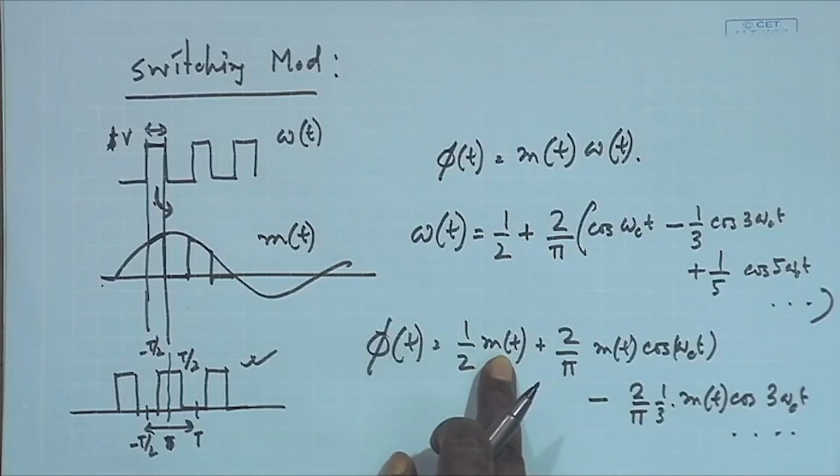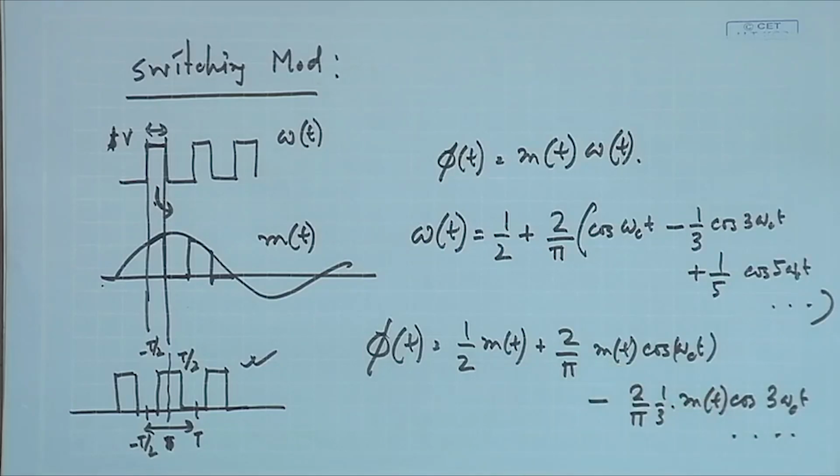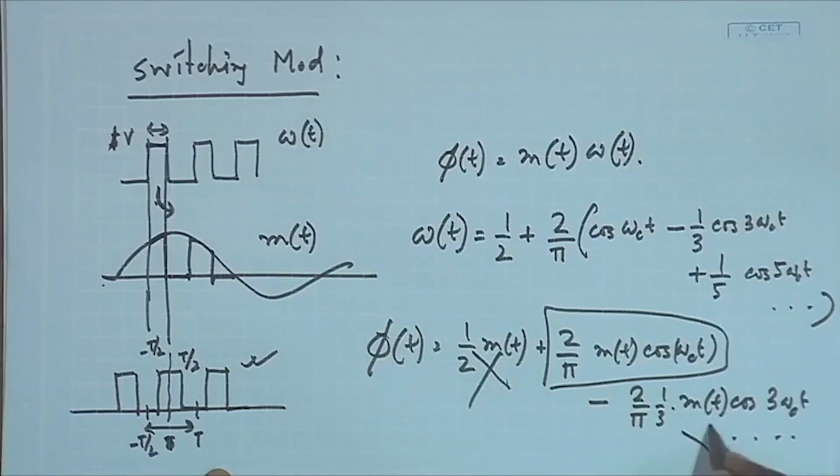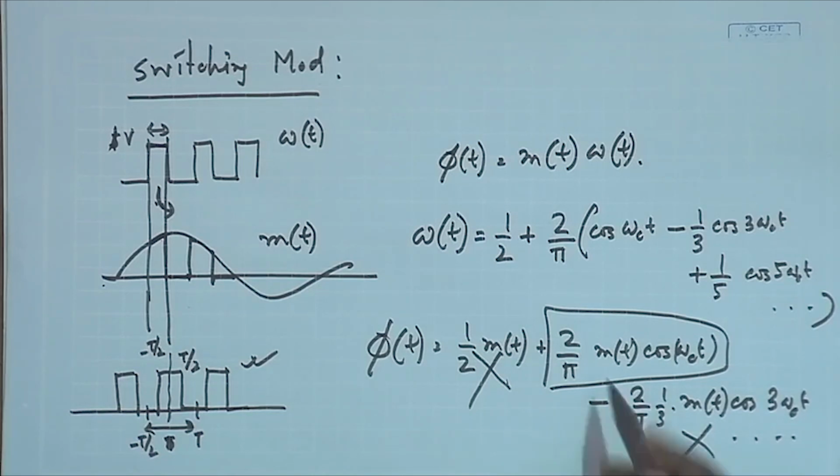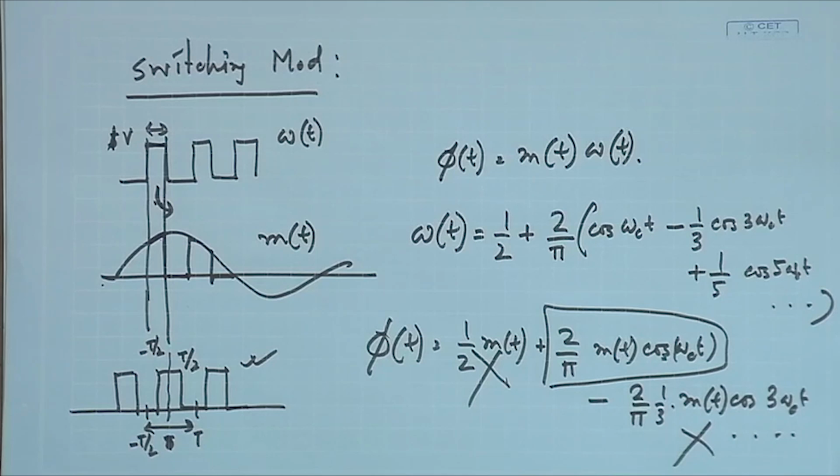There will be some part at baseband, next m(t) cos omega c t, which is around fc, and next around 3 fc. If I employ a properly designed band pass filter around fc, I will get just this signal and all other terms will be neglected. So immediately I get my modulator, because this is m(t) cos omega c t.